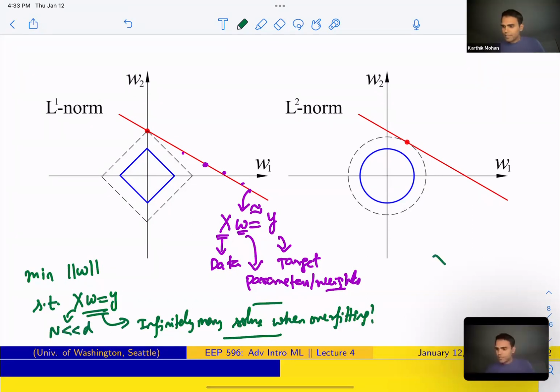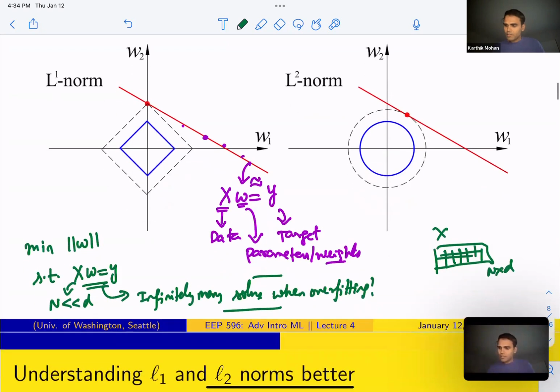So X looks like this, N by D. There are many more features than examples, right? So we're in this setting. When you have an X that looks like this, it's basic linear algebra: this system is underdetermined. It has infinitely many solutions.